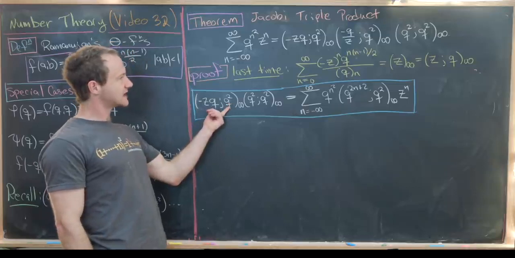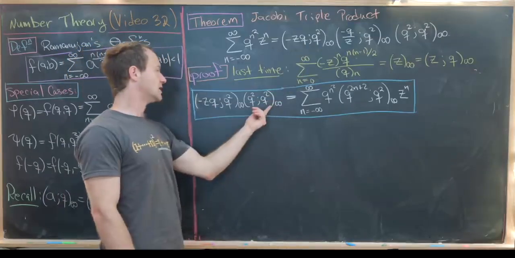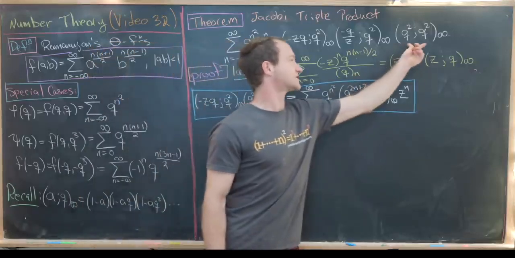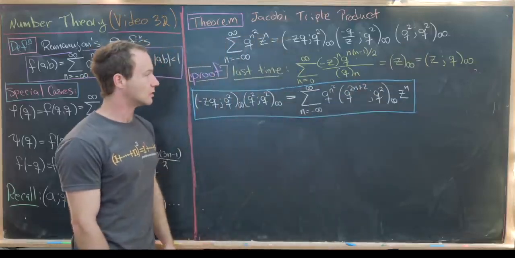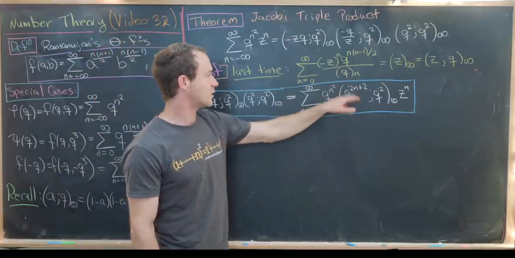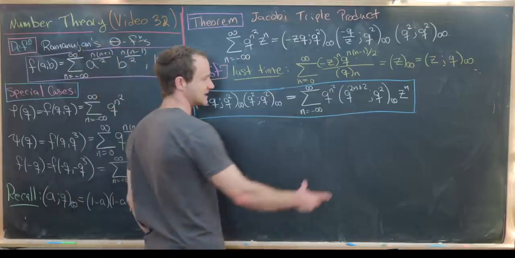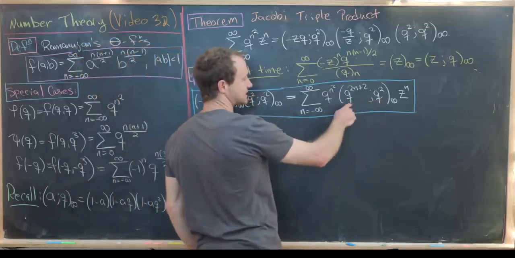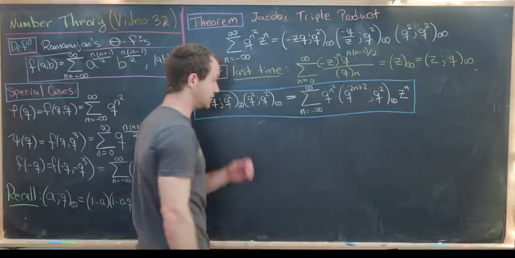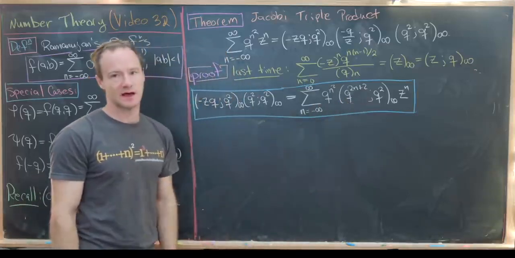So let's notice that this guy right here is this term on the right-hand side of our goal. This guy right here is this term on the right-hand side of our goal. And then this right-hand side of our equation almost looks like the left-hand side of the goal, except we've got this extra term right here, this (q^(2n+2); q squared) infinity. So that means we need to take care of that somehow.